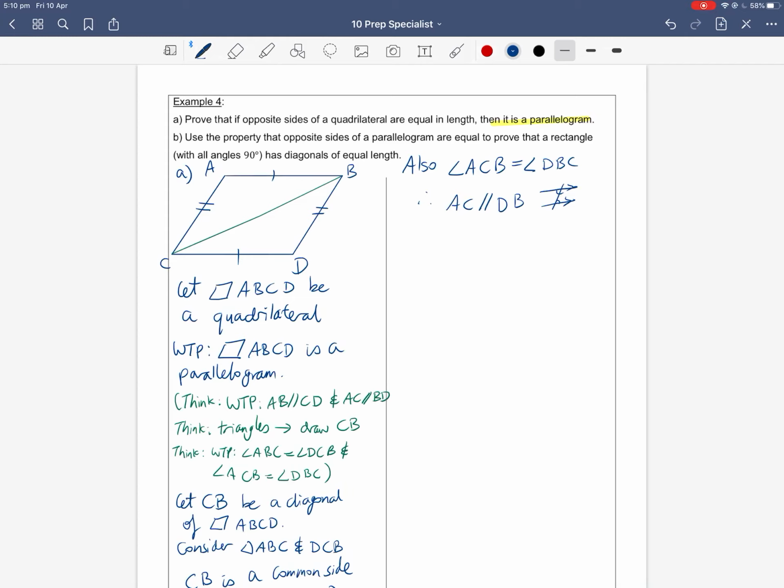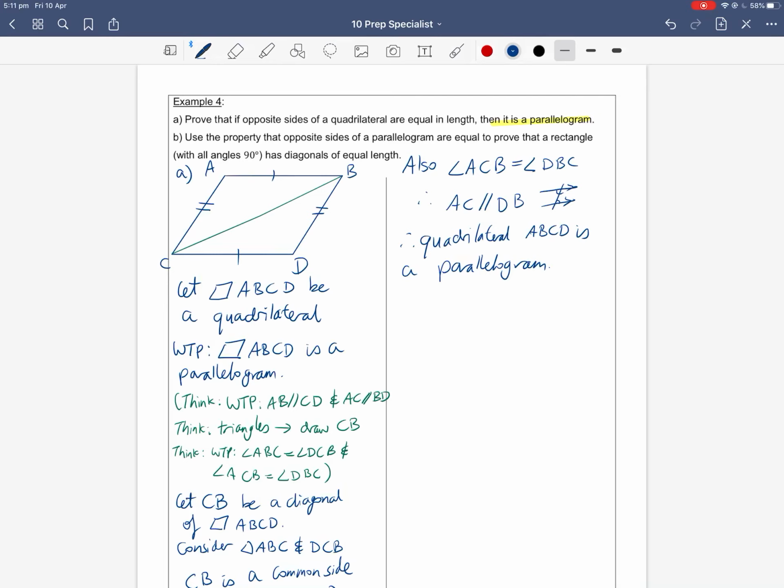There we go. So therefore, since two opposite sides are parallel, therefore the quadrilateral ABCD is a parallelogram.